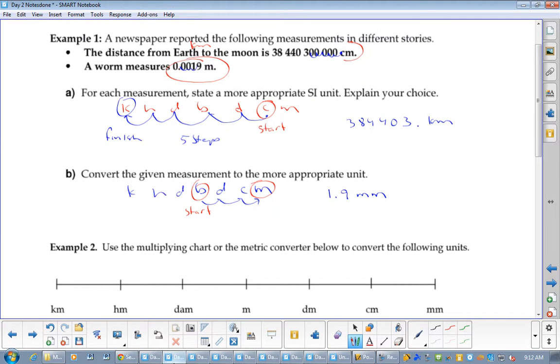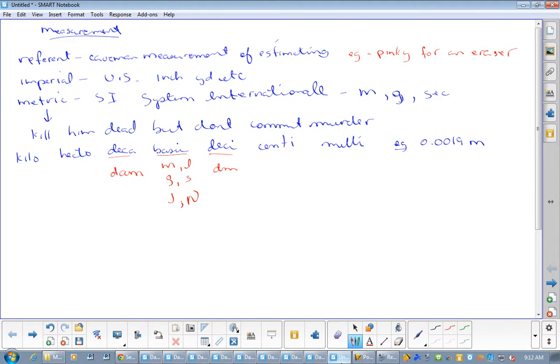Went to millimeters, right? Would equal, and then what I would do is I would blank millimeters. I would just go, okay, kill him dead, but don't commit murder. And then we're here, and we're going to go 1, 2, 3. So then we will go 1, 2, 3, 1.9 millimeters.